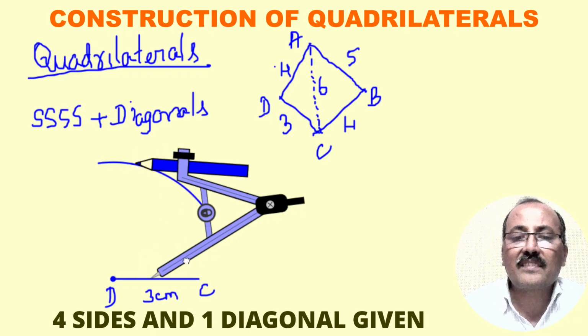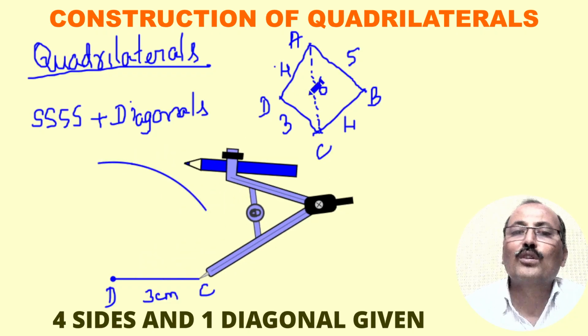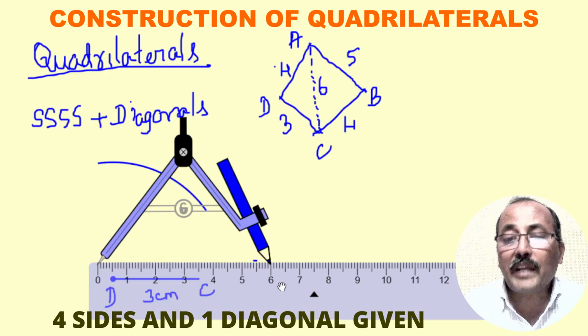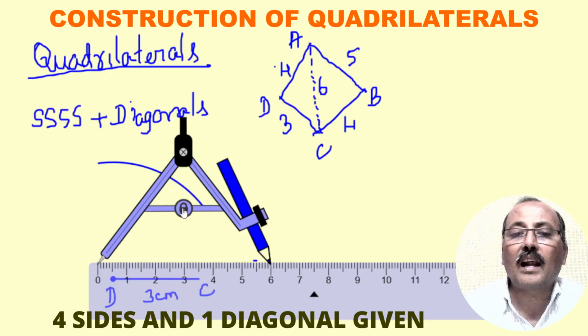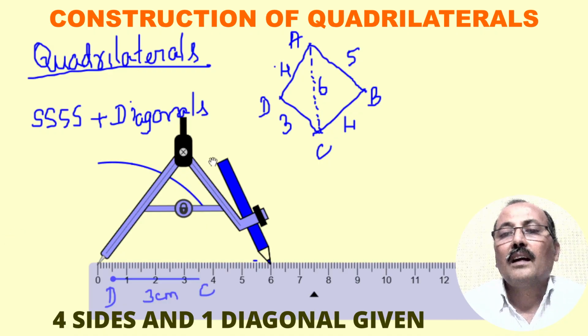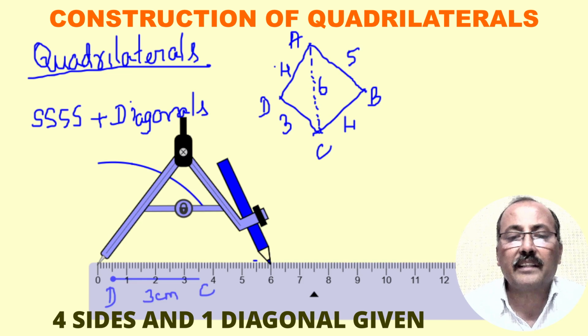Next, with C as center, I am going to draw 6 centimeter. But 6 centimeter is not there with me, so I have to take it. Now I am taking 6 centimeter and I am going to draw that one, from C to A, and complete it.